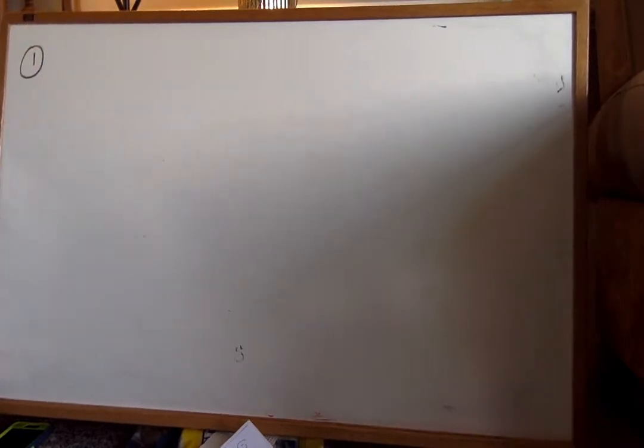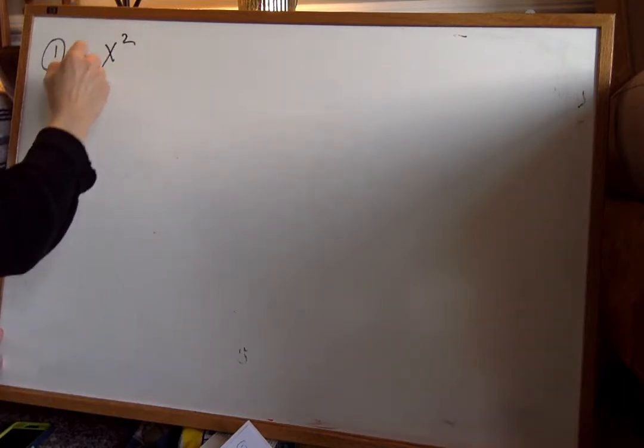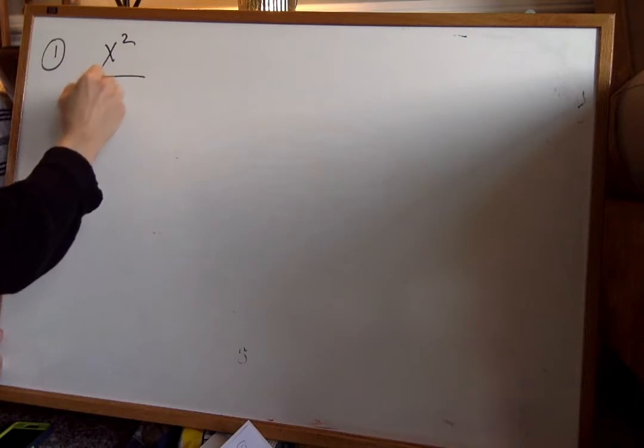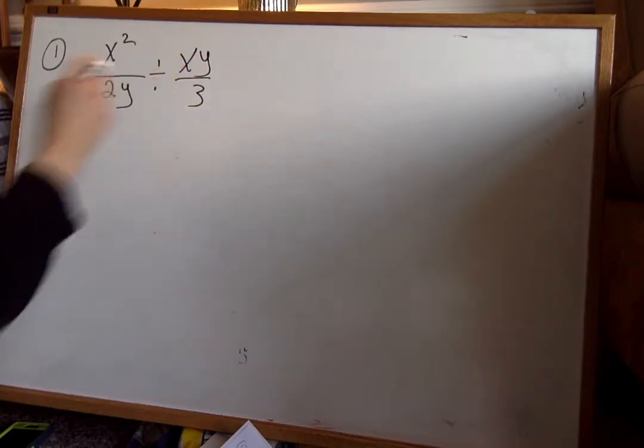Okay, all right, so now you're back. Let's see how you did. Page 290, 17b. We were supposed to do x squared over 2y divided by xy over 3, right?